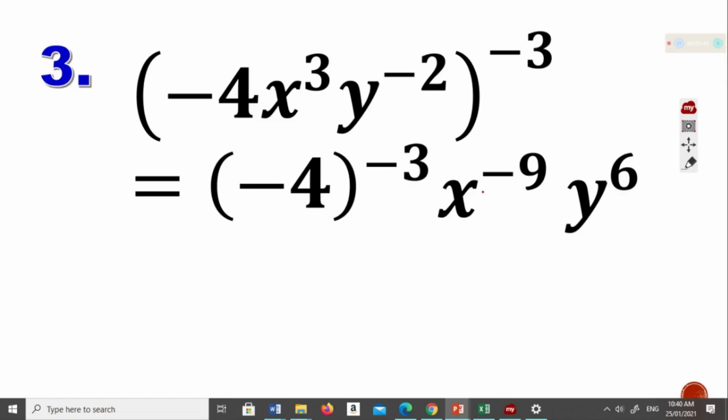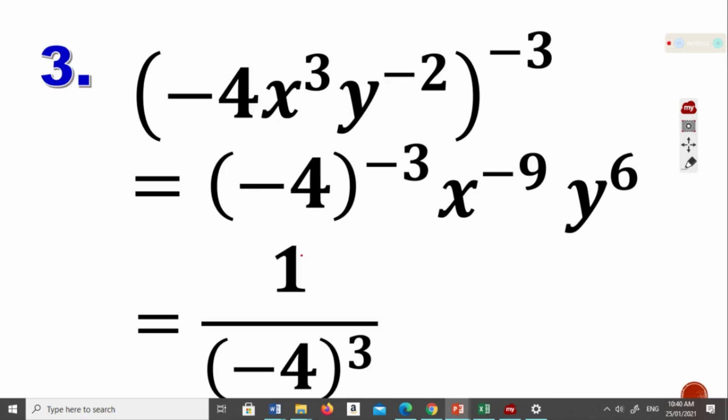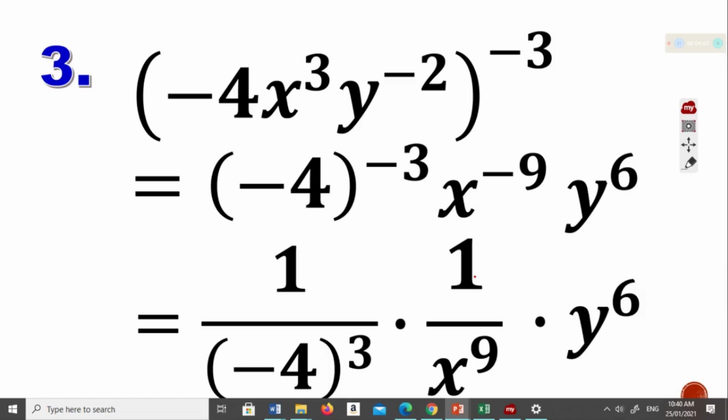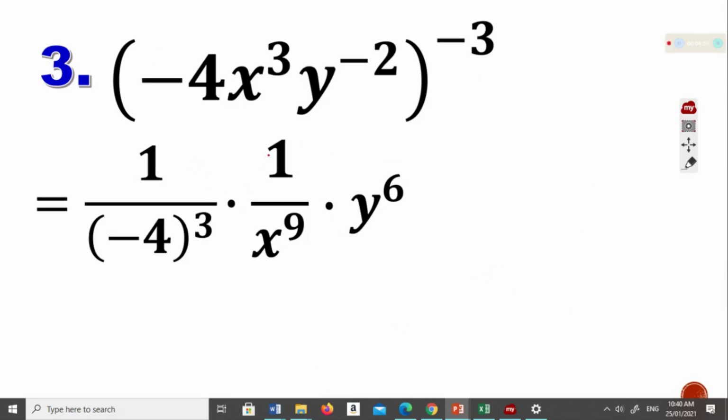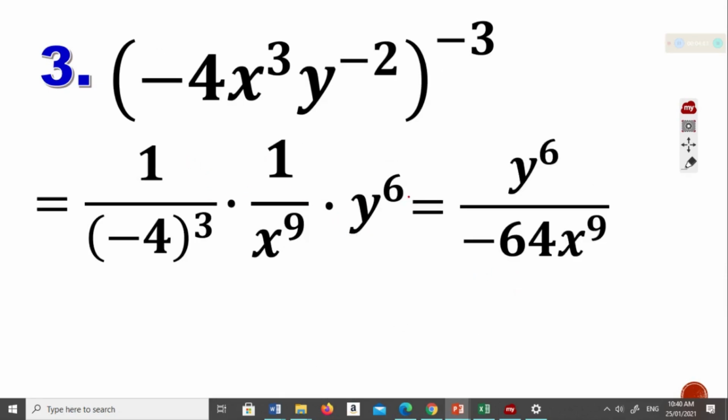Ngayon, lahat ng may mga negative exponents ay reciprocal. So, 1 over negative 4 raised to the third power. And then, the second one, 1 over x raised to 9. At yung y raised to 6 ay mareretain lang kasi positive naman yung exponent niya. And then, multiply 1 times 1 times y to the 6th power is y to the 6th power.